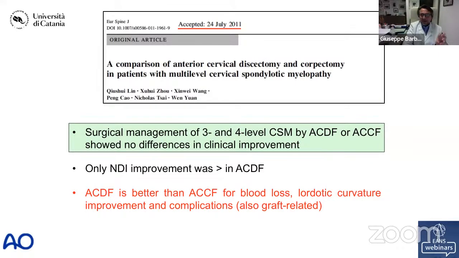Now, I think something which can be really interesting when we have to take a decision is considering the different techniques. If we stay among the anterior approaches, and we compare, for instance, ACDF with corpectomy at multiple levels, 3 or 4 level ACDF or corpectomy, what you can see here is that ACDF seems to be better than corpectomy and fusion for blood loss, lordotic curvature improvement, and complications.